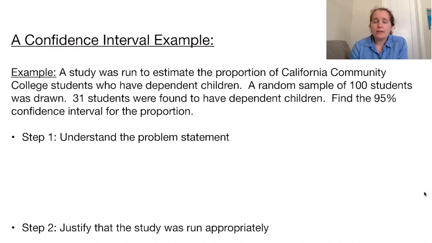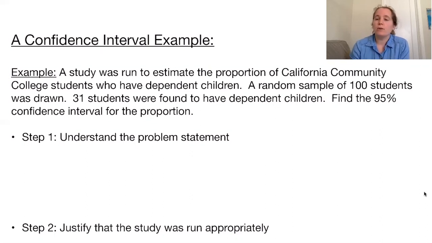So the very first thing we want to do is simply understand the problem statement. Right now, we know that this is a confidence interval for proportion because that's the only thing we've learned so far. But we will have lots of different forms of inferential statistics that we can run by the end of this semester.